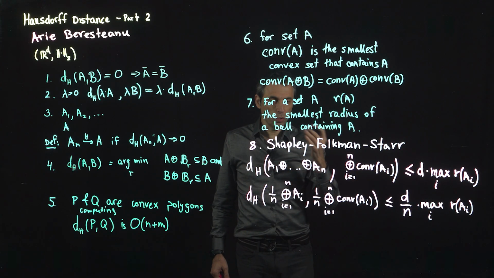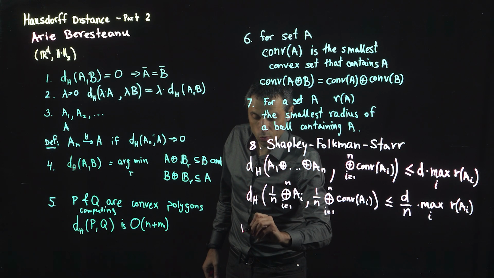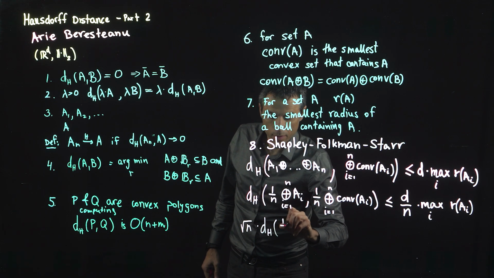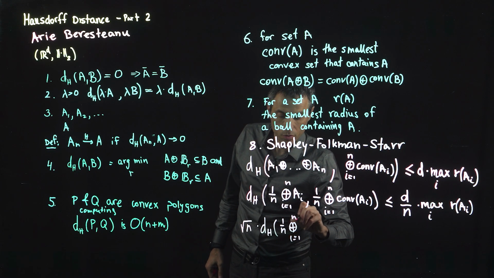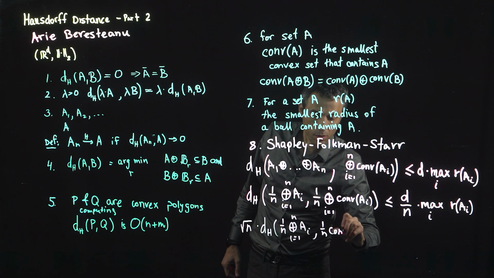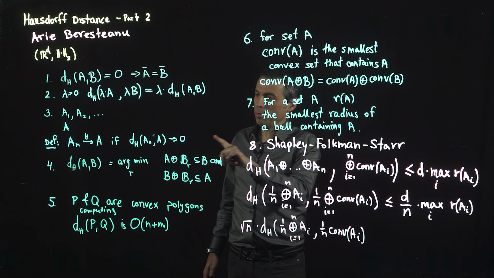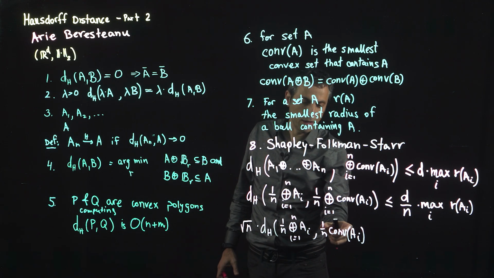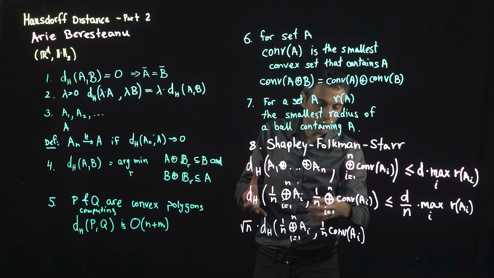Better, okay, I'm going to now multiply from the outside by root n. So root n times the dH of the Minkowski average of the sets versus the Minkowski average of the convex hulls of these sets. And by number 6, it doesn't matter if I take the average of the sets and then convexify the average, or take the average of the convex hulls.